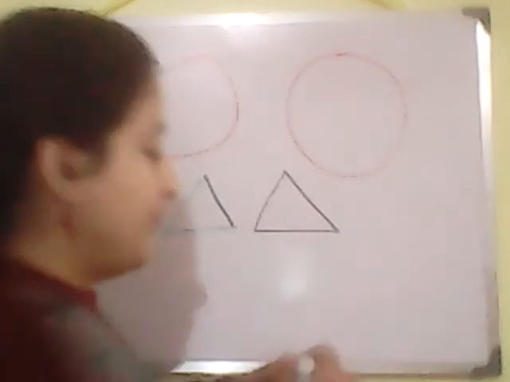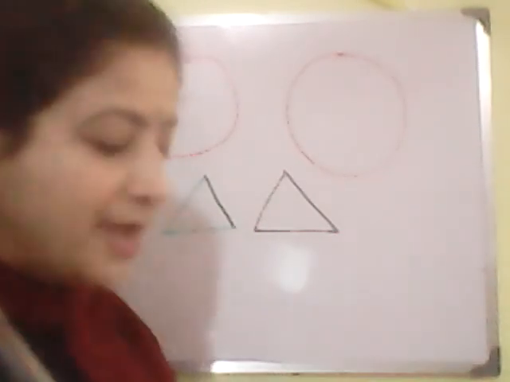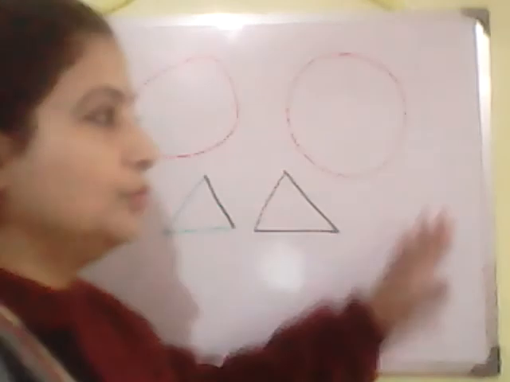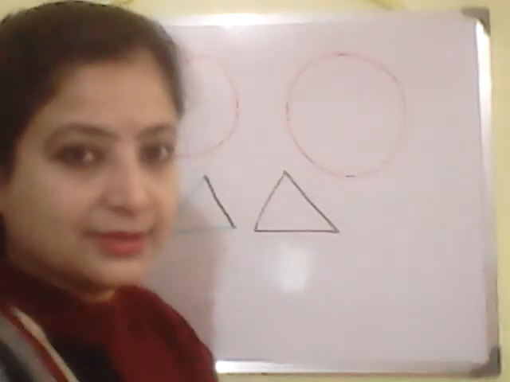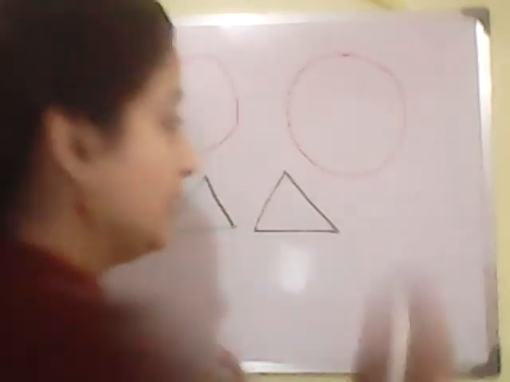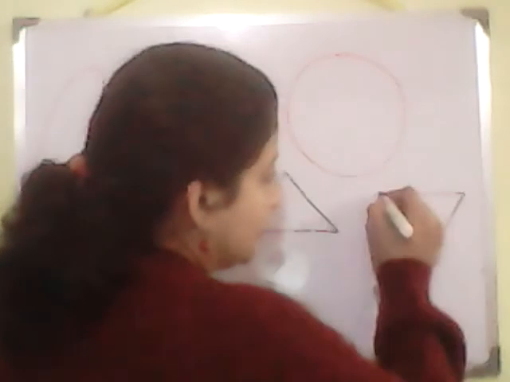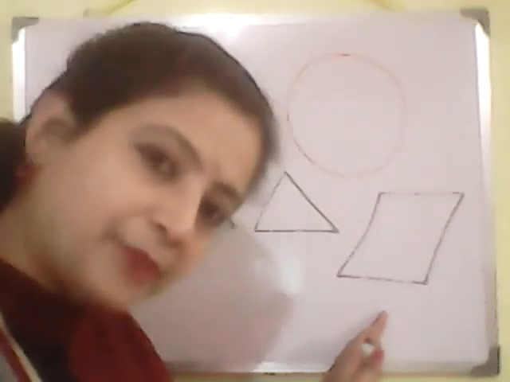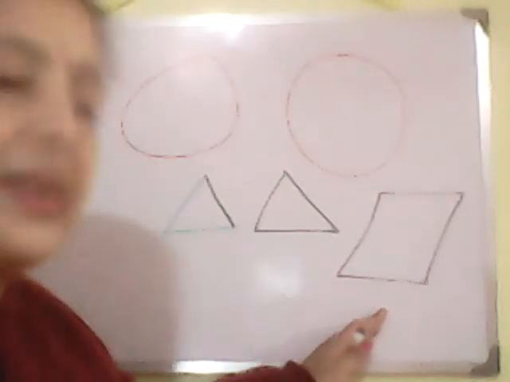So triangles are bounded. And whenever we work with 4 straight lines, that can make a bounded figure also, like this. So quadrilaterals are bounded. All types of quadrilaterals are bounded.